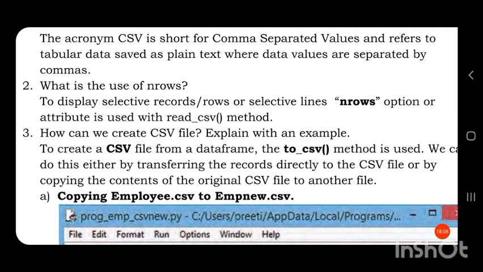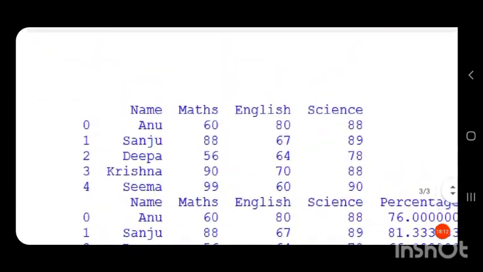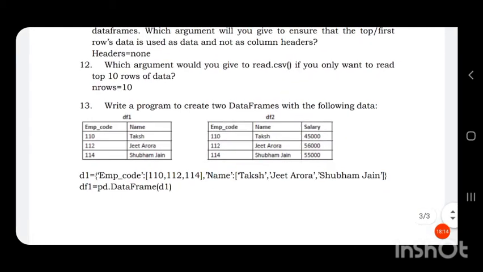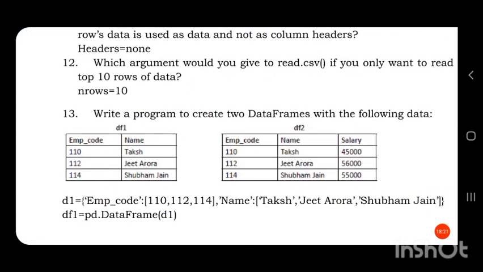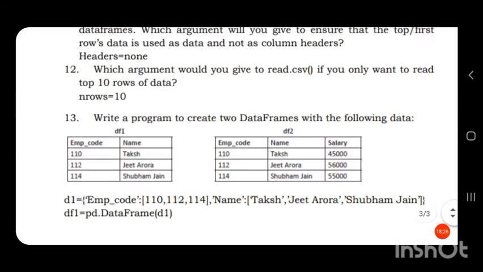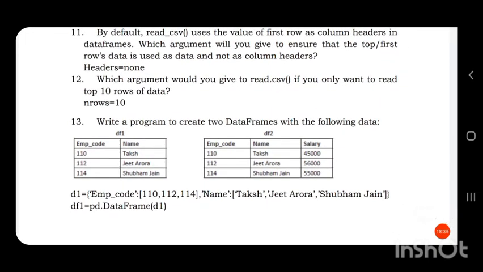To display selective records or rows, we use the attribute nrows in read CSV. So how can we retrieve only top 10 rows? By using the attribute nrows equal to 10 inside the read underscore CSV function. So inside the read underscore CSV function, we have to include the attribute nrows equal to 10.